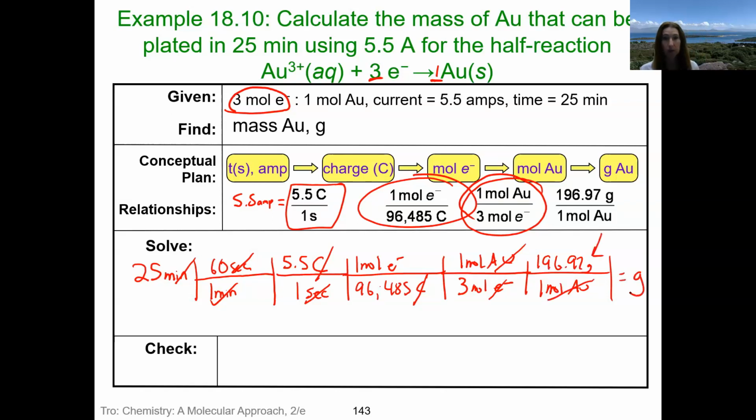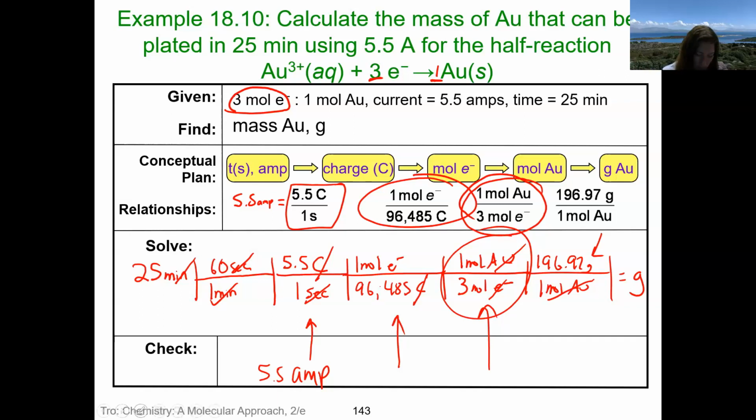So that's not so bad with the stoichiometry. There are a couple of new pieces, right? This, remember, is the same thing as an amp. This is 5.5 amps. And this is just Faraday's constant, Faraday's conversion. And this right here is the moles of electrons from your half reaction.